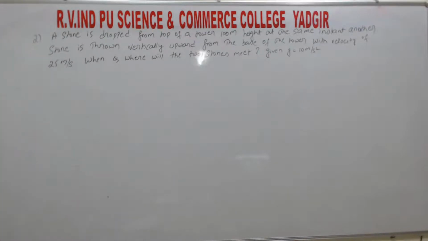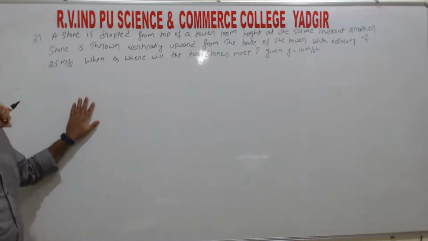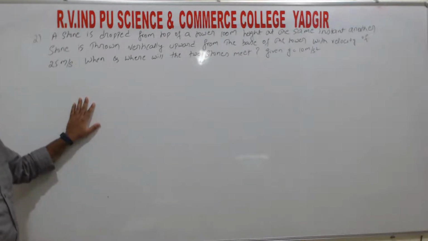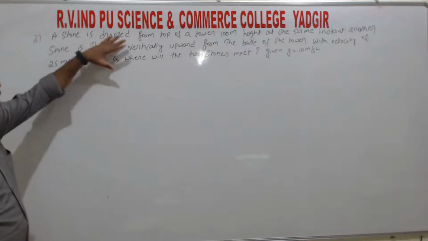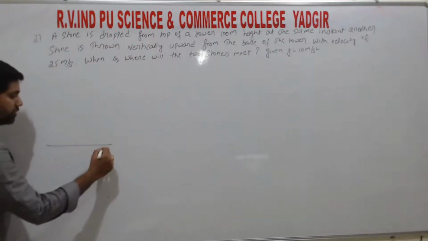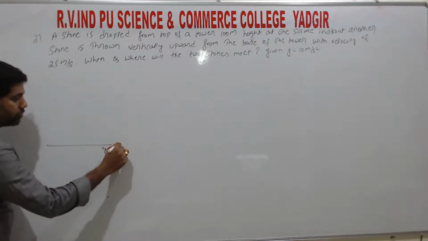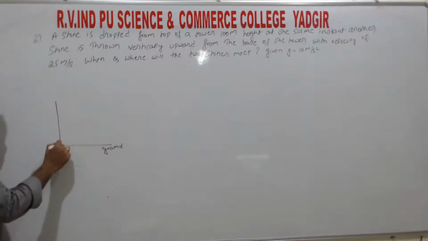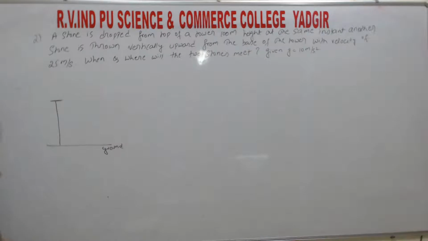So what do you understand in this question? A stone is dropped from the top of a tower of 100 meter, right? So this one is the ground, and up to here some tower is there, right?